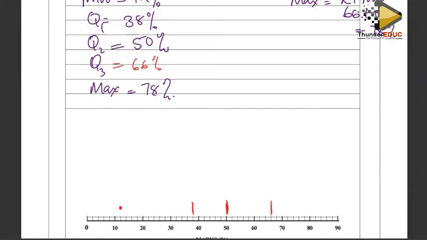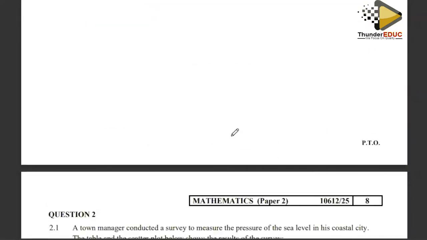And then our maximum is 78, which is somewhere there. So draw your box with your ruler. We have something like that, and then connect the whiskers. So we have our box and whisker in that format. So that is question number 1.